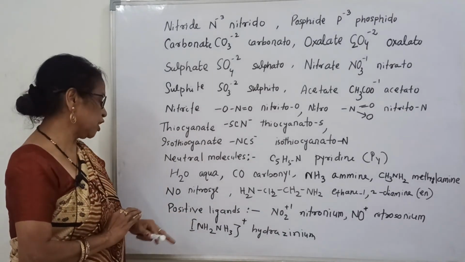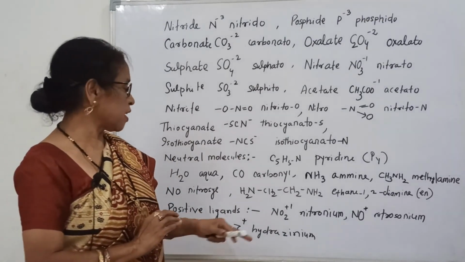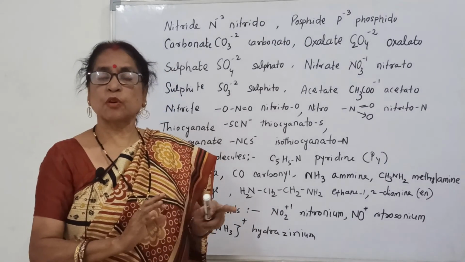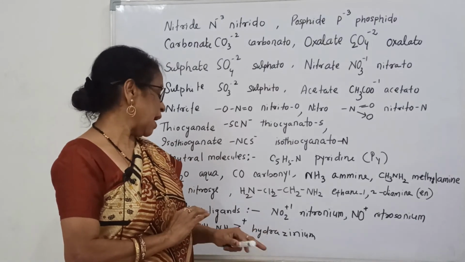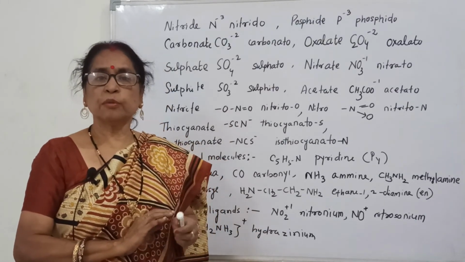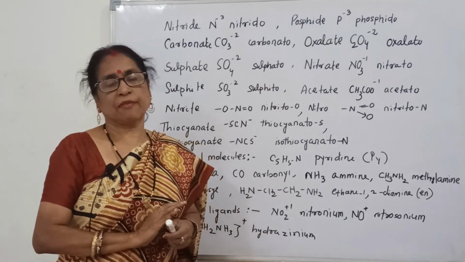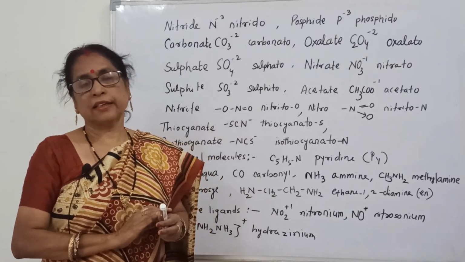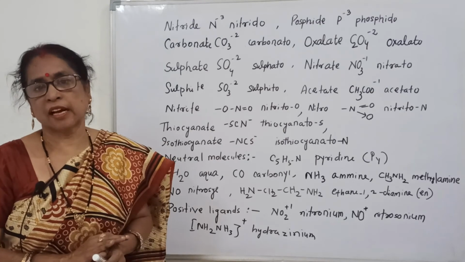Then here positive ligands: NO2 plus 1 nitronium, NO plus 1 nitrosonium, NH2NH3 whole bracket plus 1 hydrazinium. I hope the names of ligands are completed, that is anion, neutral and positive ion ligands.